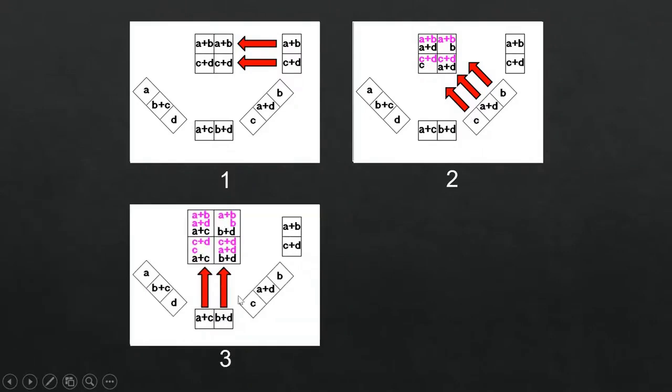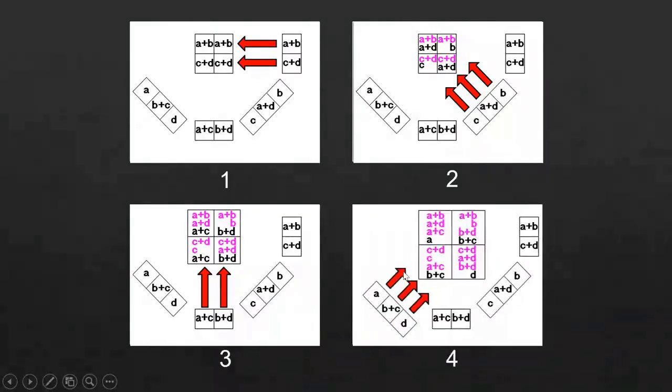Return the third: B plus D, A plus C. Return the fourth. So, what is this black thing? It's B plus C. And it came back here, and here, and here it is again. So, you did back projection, but the image has a lot of data, which we were talking about earlier.